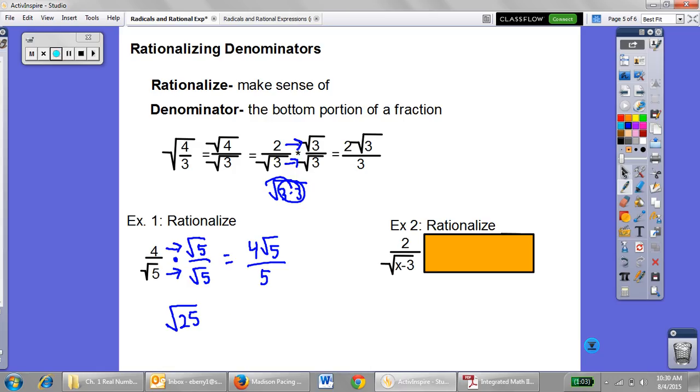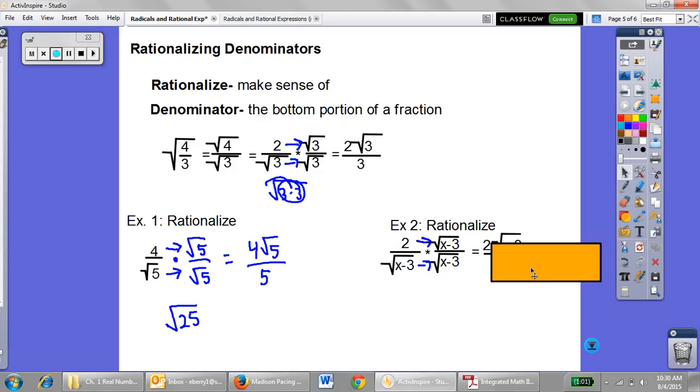Now looking on example 2, we have 2 divided by the square root of x minus 3. So same thing as before, we need the square root on the bottom to go away. So we're going to multiply by whatever is on the bottom, the square root of x minus 3 over the square root of x minus 3. Now multiply straight across. We leave the 2 on the outside, x minus 3 on the numerator.